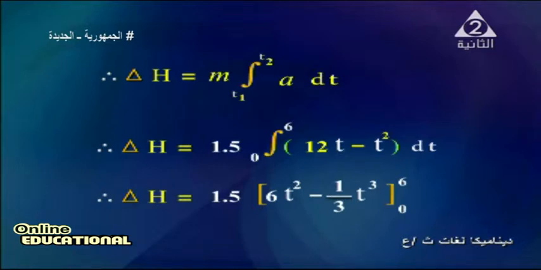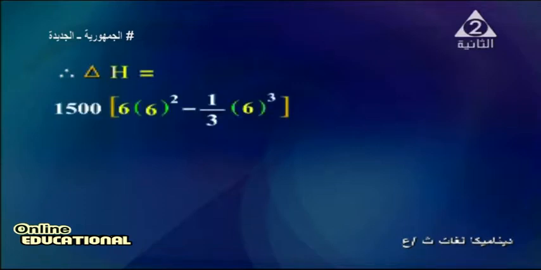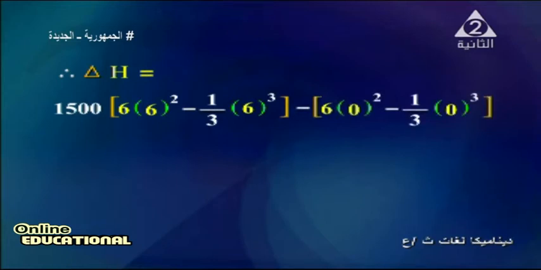Minus the integration of t², which is t³ over 3, or a third t³, with the definite integration from 0 to 6. Then delta H equals 1.5 times (6 times 6² minus a third times 6³, minus (6 times 0² minus a third times 0³)). Then delta H equals 216 tons meter per second.